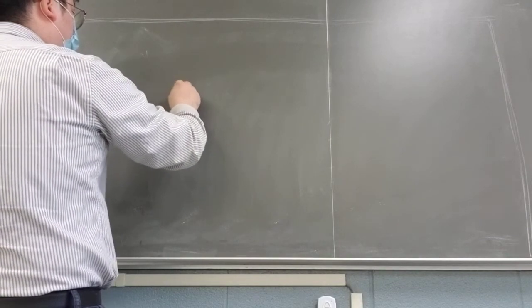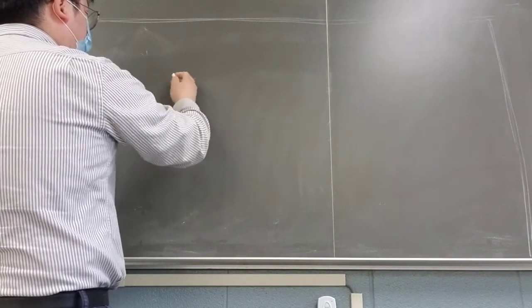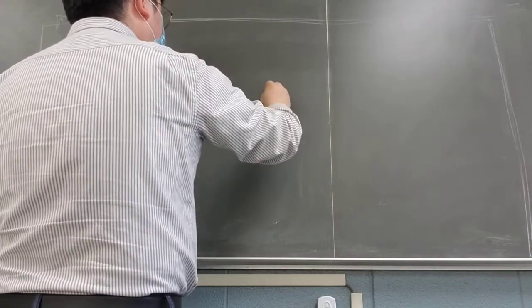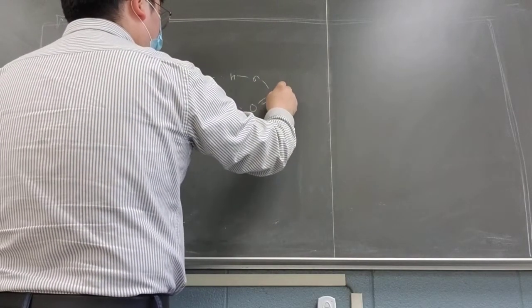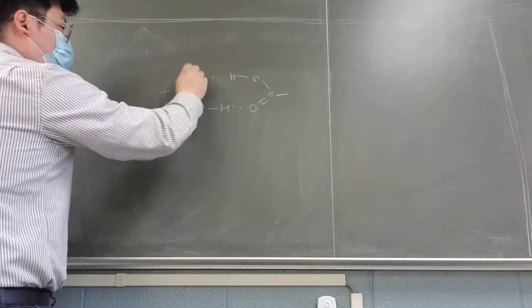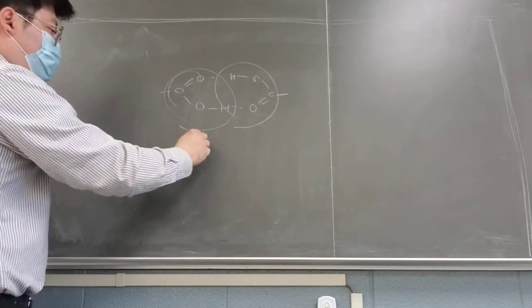They can actually form. The carboxylic groups that have a hydroxyl group and a carbonyl group can form a dimer.